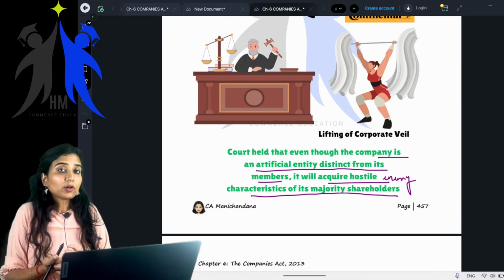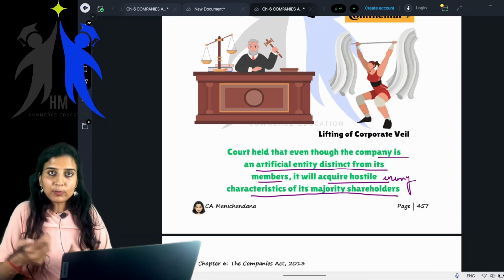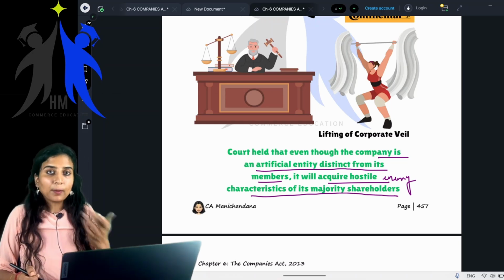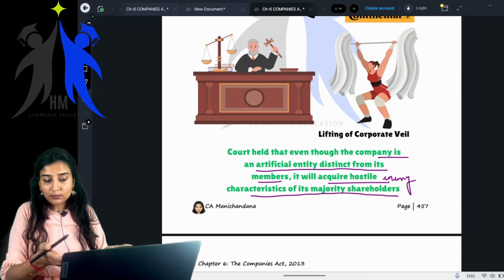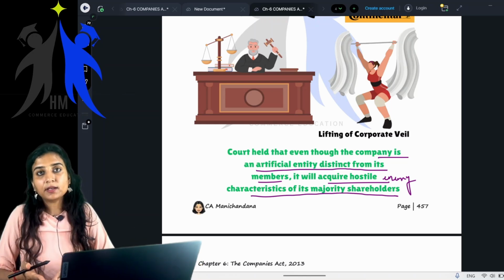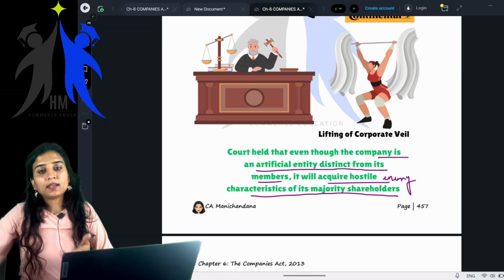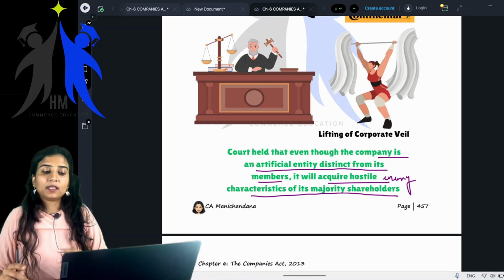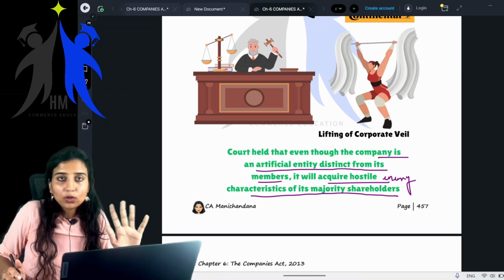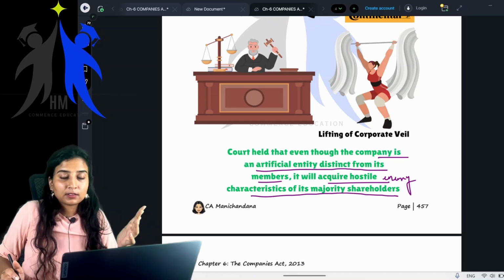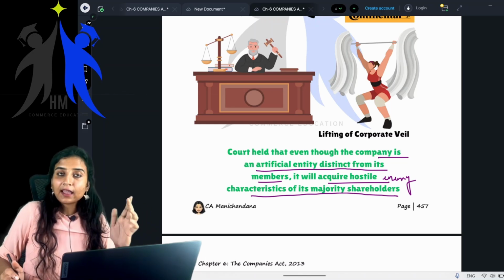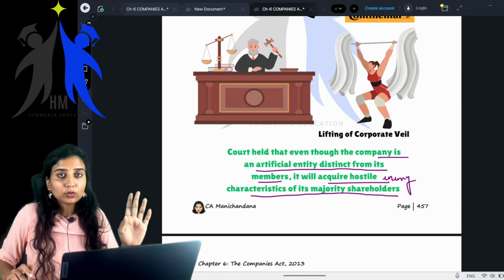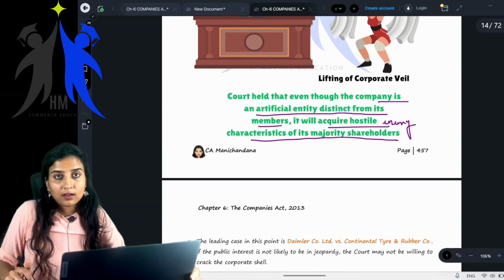Who are the majority shareholders? German. Now German and UK are enemies. Even though the company is incorporated in England, because the majority of the shareholders are German, and this Daimler company is in UK, these are both enemy companies. So Daimler wins the case and does not make payment to Continental Tires.